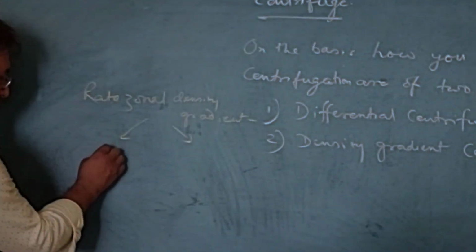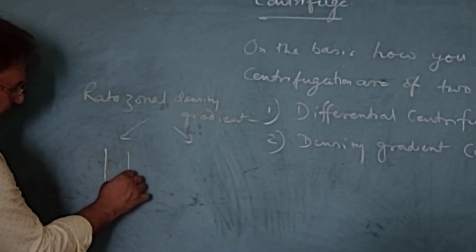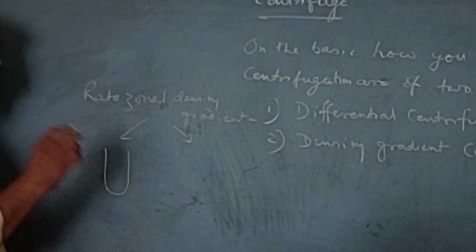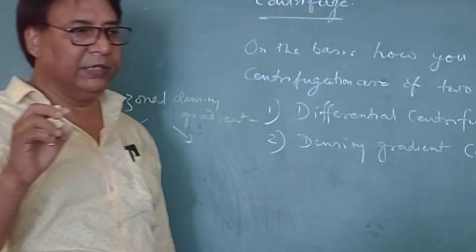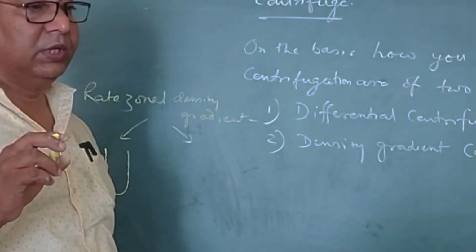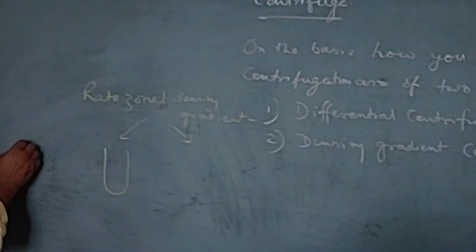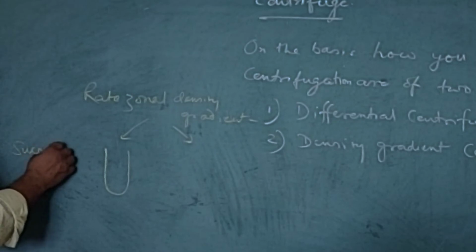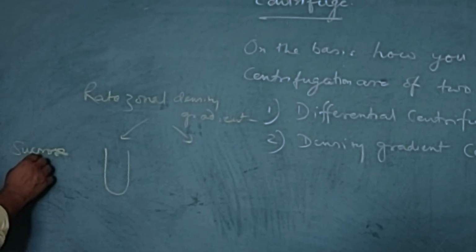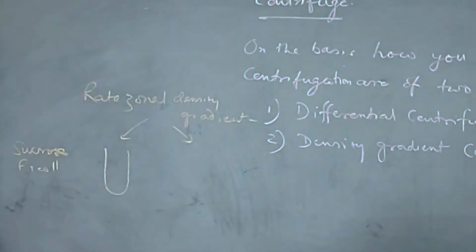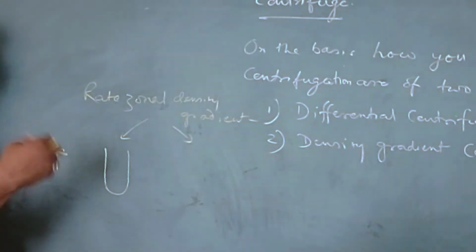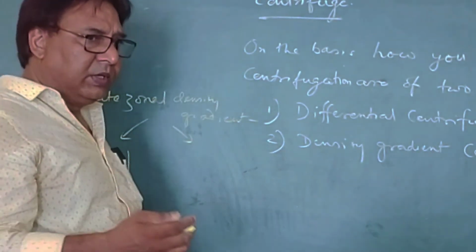One is you layer the medium that you are trying to use. It may be sucrose, it may be Ficoll, like medium may be sucrose, medium may be Ficoll. And there may be other media also.